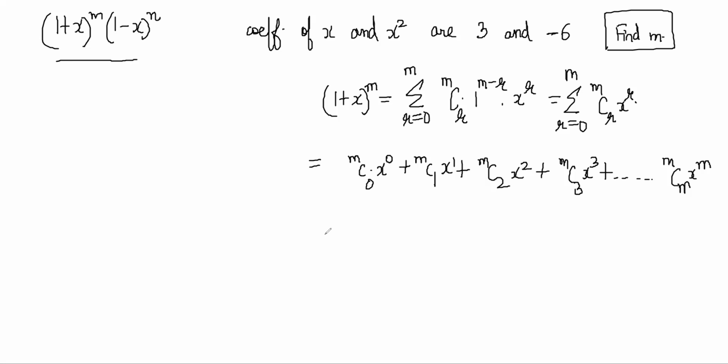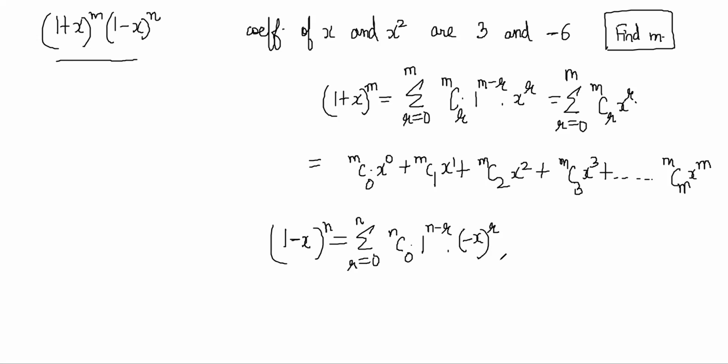And if you had written the expansion of (1 minus x) power n, r would go from 0 to n now because the power is n. That becomes the summation of r is 0 to n, ncr, minus 1 to the power r, x power r.